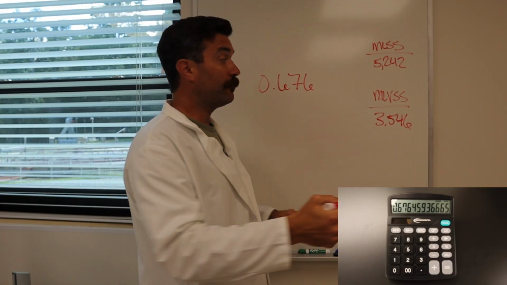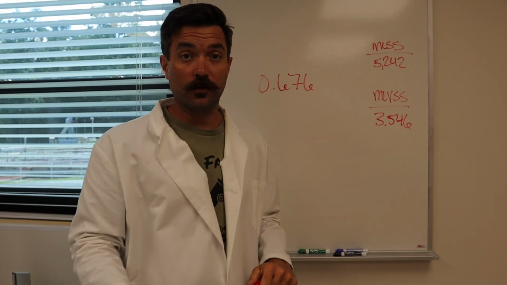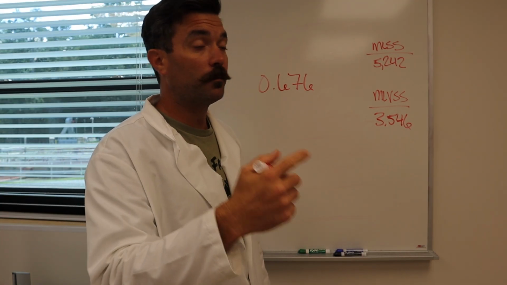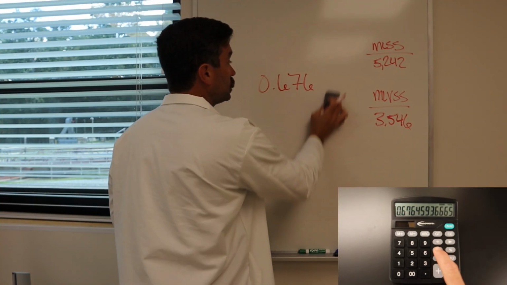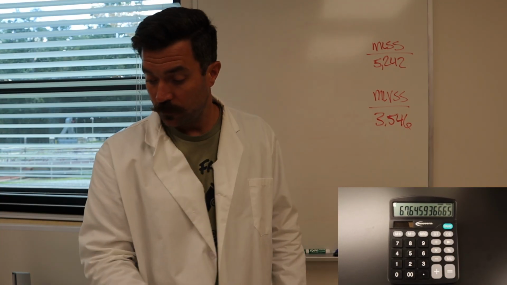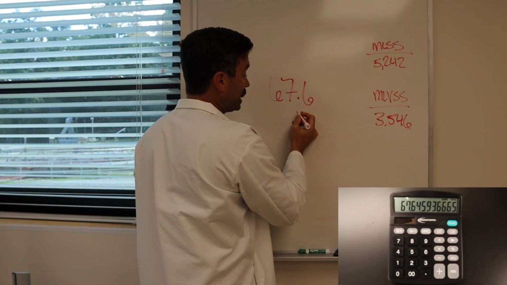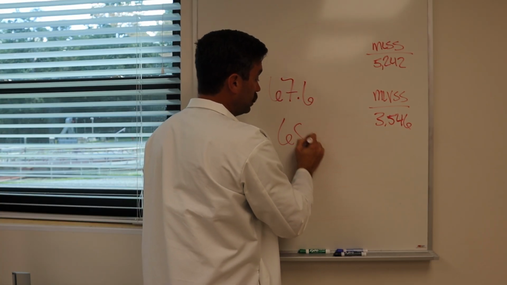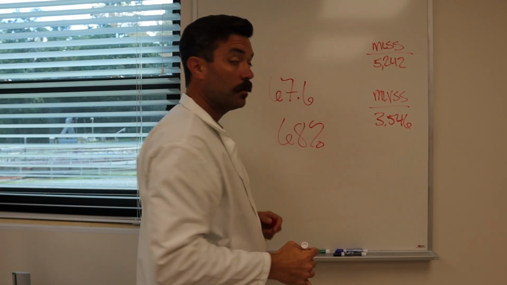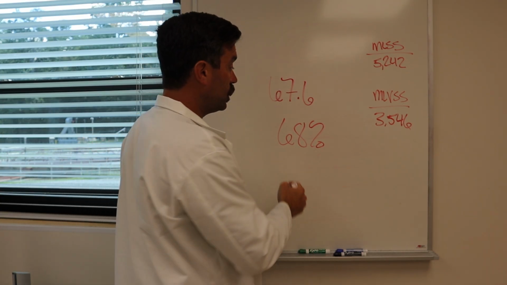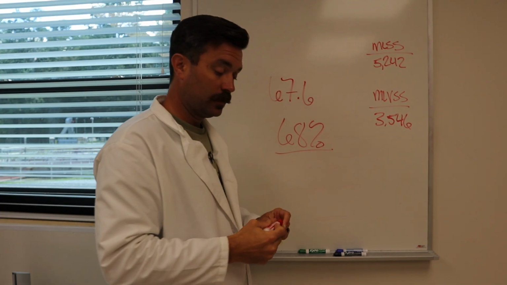That's going to leave you with a very long number right there on the screen. You multiply that number by 100, and it is going to give you 67.6. So I could say that my percent volatiles are at 68%.